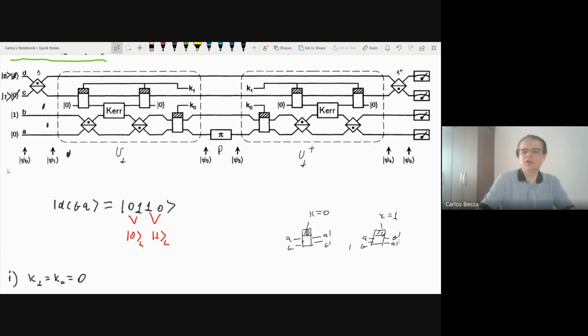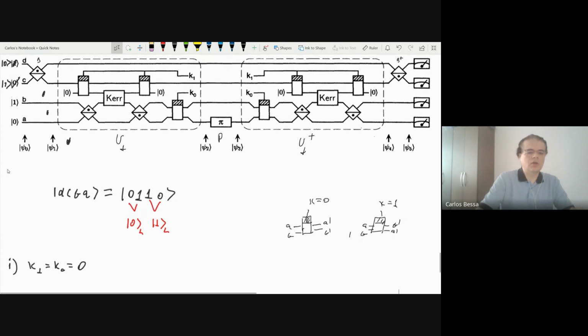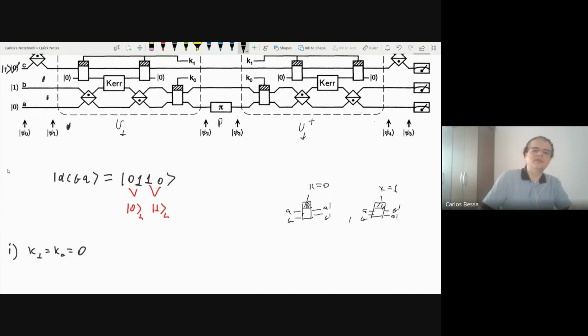Okay, so the first case, K1, K0. So these guys are off. When these guys are off, the initial state is psi 0. Psi 0 is here, the beginning. It is the initial state 0, 1, 1, 0. I'll always put this so I don't get confused.